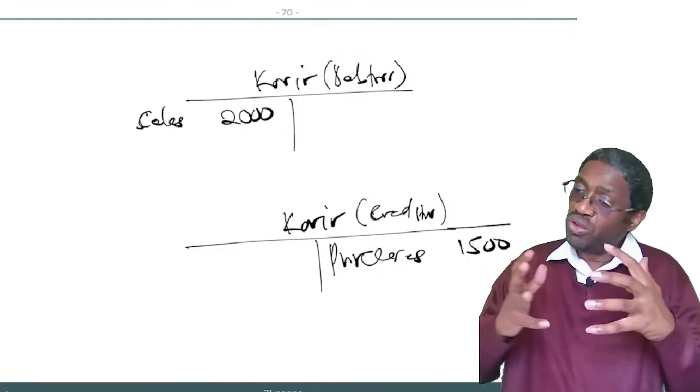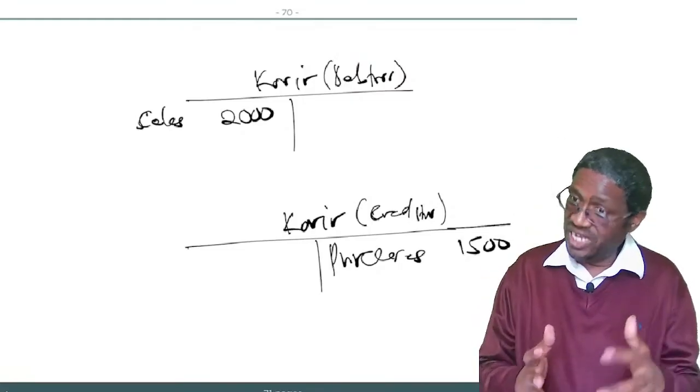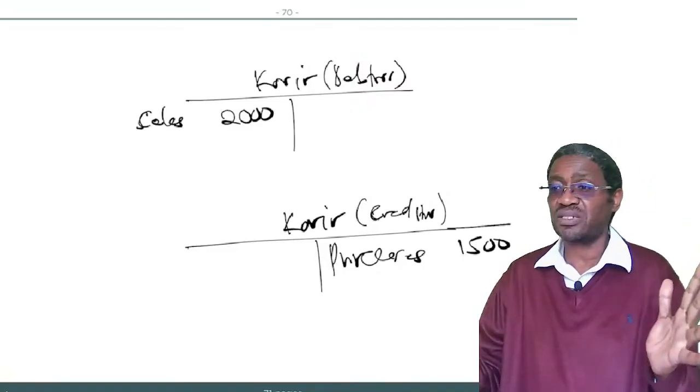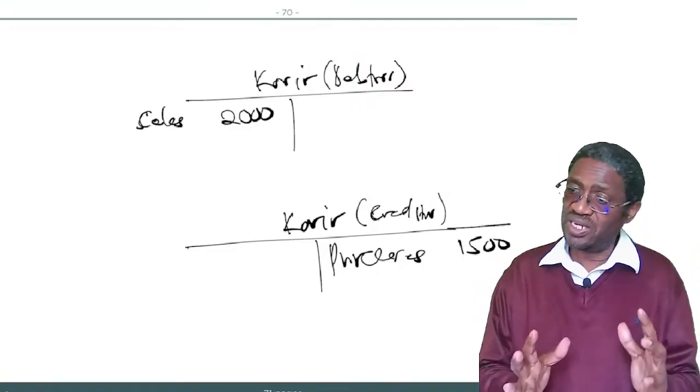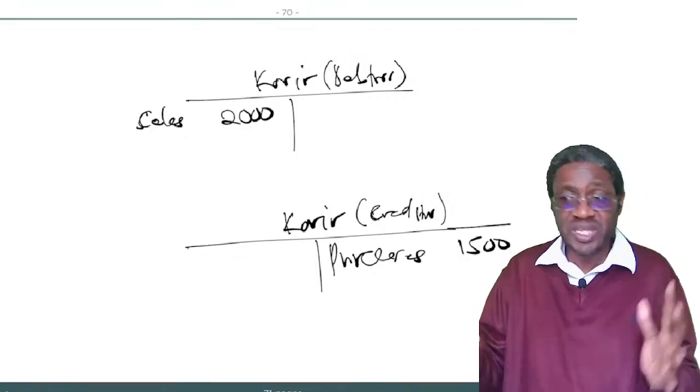So if we owe the creditor, Coril, then we pay him 500 and that will be the end. If he owes us 500, then he pays us 500, that will be the end.